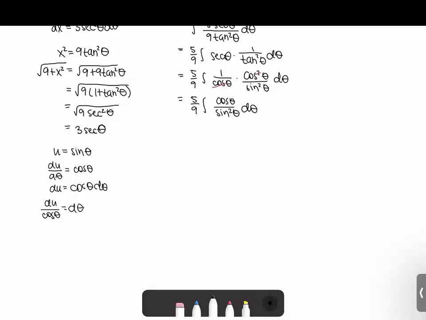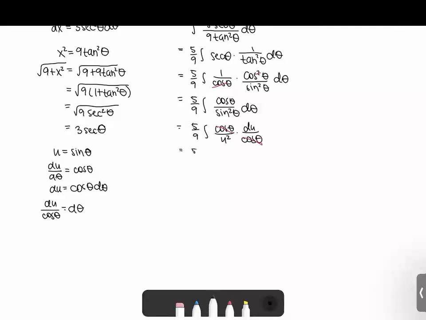And now I can rewrite my integral as 5/9 integral of cosine of theta over u squared times du over cosine of theta. And so just like normal, whenever we're doing a substitution, everything needs to cancel whenever we change our variable.